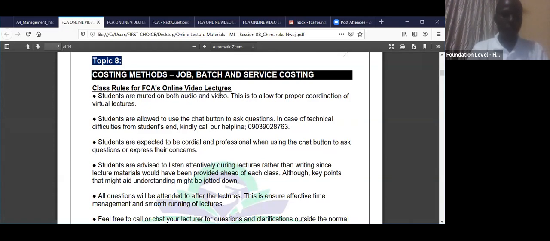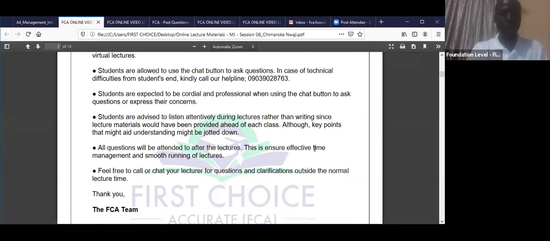So we are going to start looking at batch costing, then service costing. Then if there is time, we may want to go to what we call process costing. And I'll tell you that process costing is not something we can finish in a class.